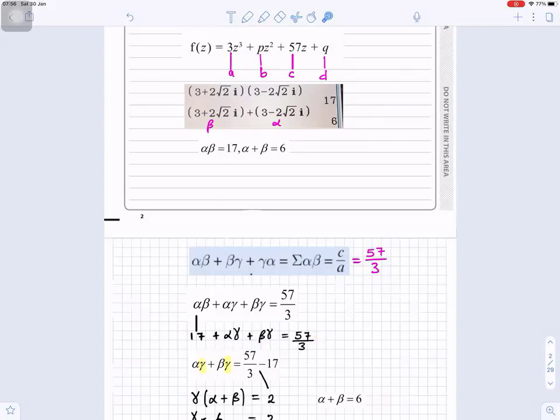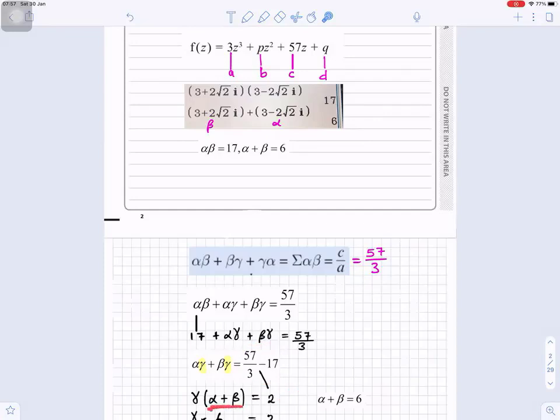Now we can factorize. I've put gamma in yellow; that means we can factorize. If we take gamma out of the bracket, we will have gamma times alpha plus beta is equal to 57 over 3 minus 17, which will give you 2.